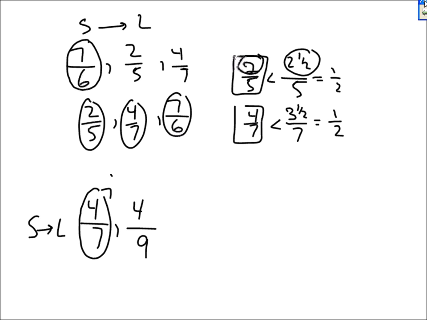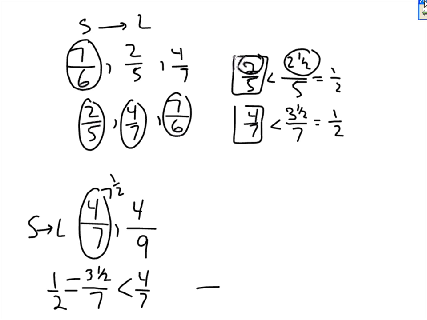So this number is more than a half because it's 4 out of 7. 4 is bigger than 3.5. That is 3.5 out of 7. Why, that's a half. 4 out of 7 is bigger. 4 out of 7 is bigger than a half.